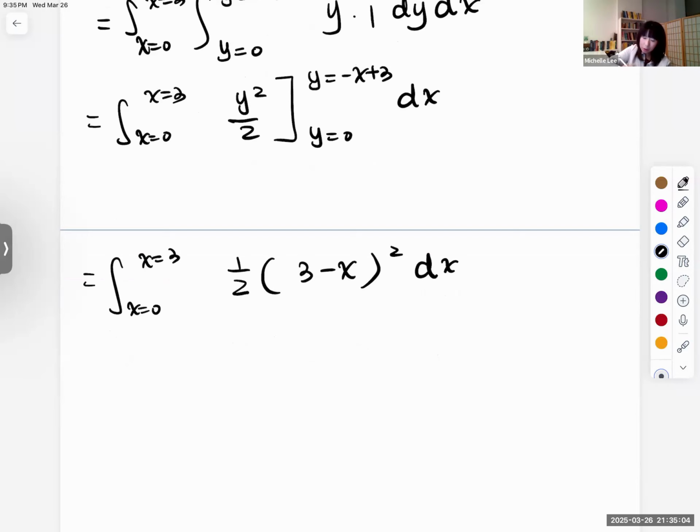And what we had earlier, this one, 1/2 times 9 minus 6x plus x squared dx.